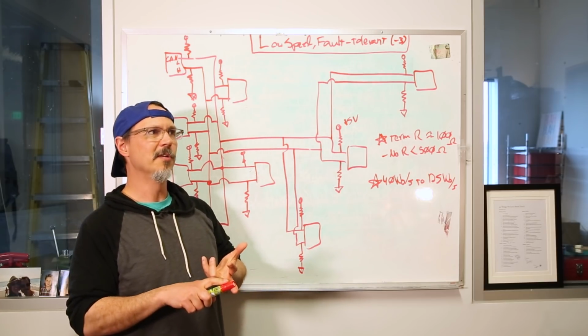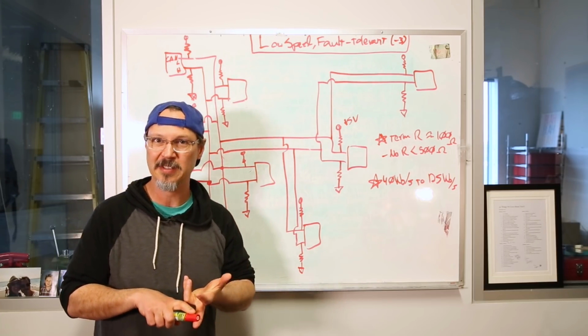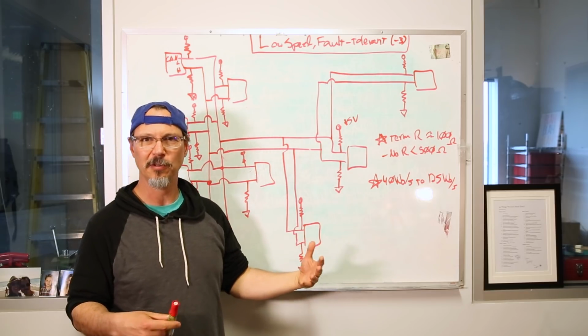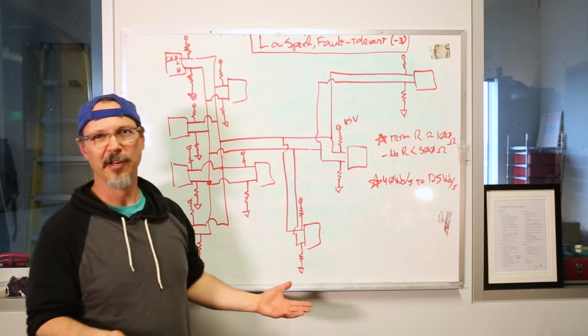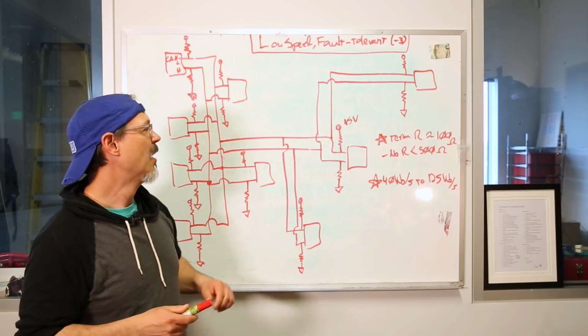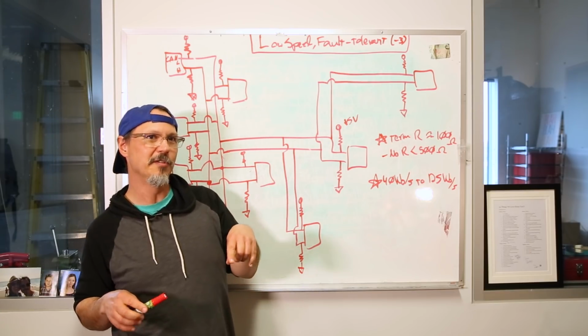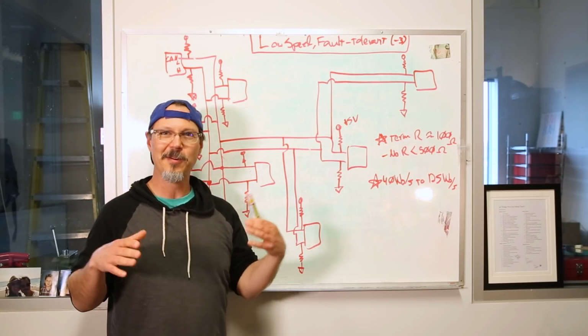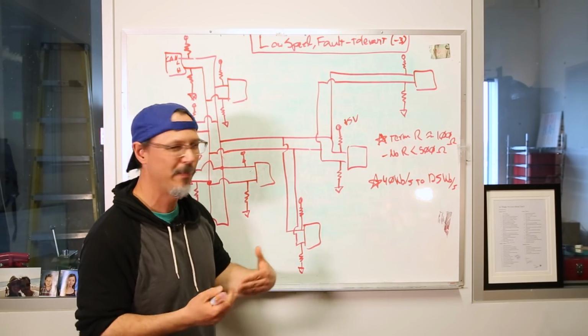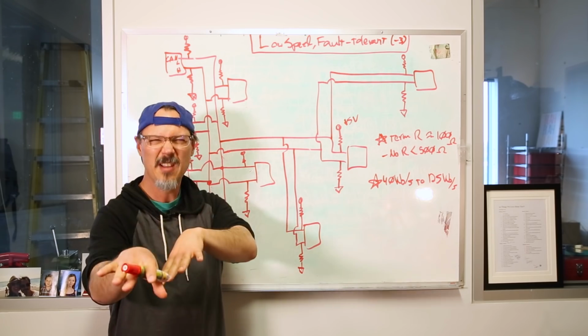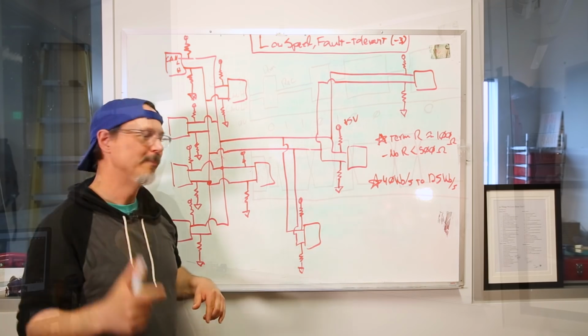A CAN controller is between $1 and $2, depending on the feature set you're looking for. And you can buy some that are completely integrated, presumably for more money. We'll talk about the features in a bit. All right, so let's move on.